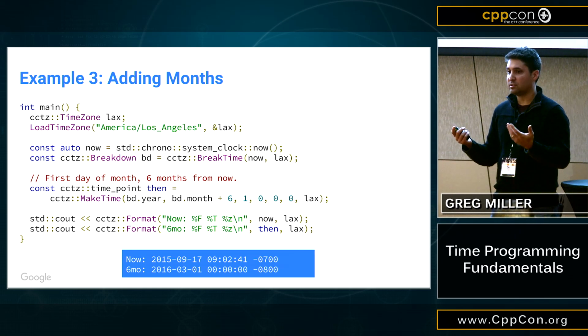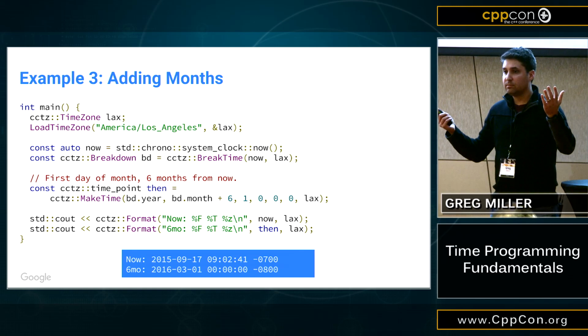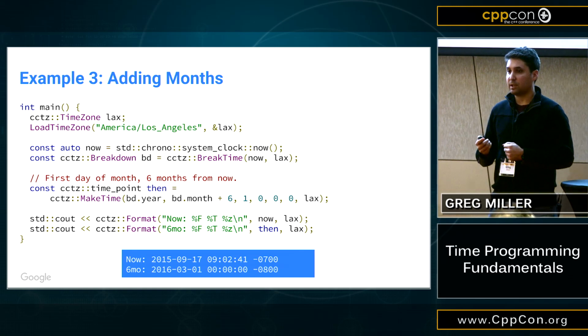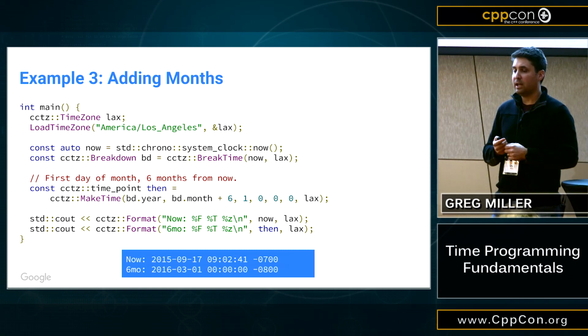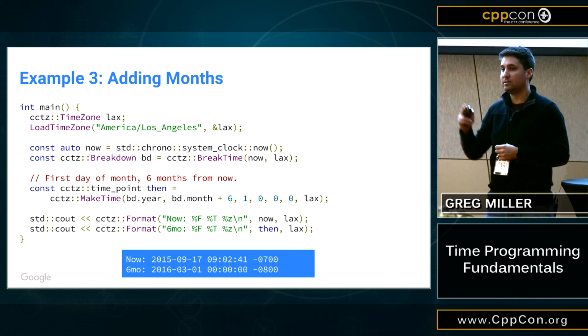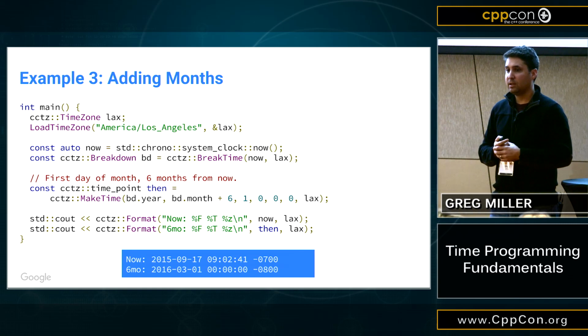Well, February 31st doesn't exist, so what would happen? It would end up normalizing that day as well. So you would end up getting like March 3rd or something. It doesn't cap the day to the end of the remaining month. If you want that behavior, you'd have to implement that, but all the fields just get normalized.